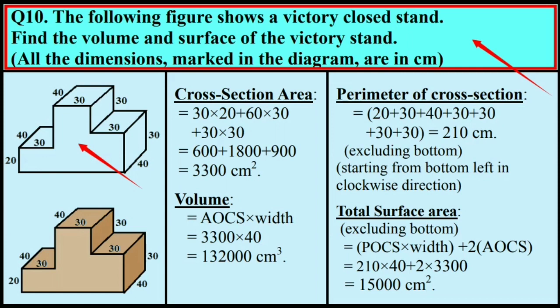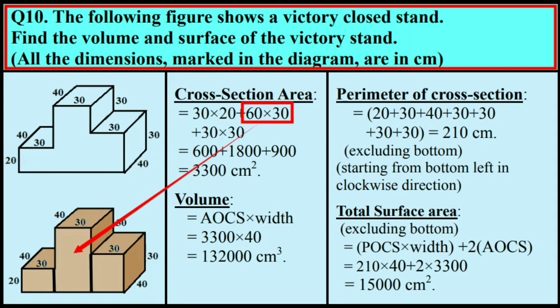I find that this cross section has to be divided into 3 rectangles, and easily we can find out its area. The area of cross section I have divided into 3 rectangles. In the calculation of area of cross section, 30 into 20 is the area of the first rectangle.